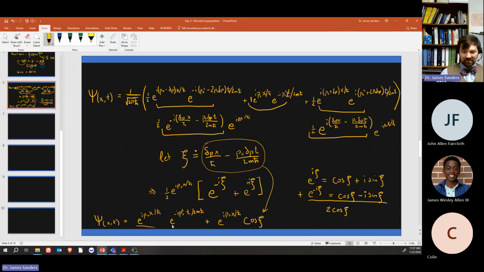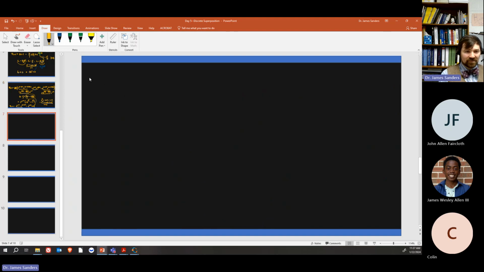Basically divide this out from both sides, and you get your final expression, which is like this: e to the i (p naught x over h bar minus p naught over 2m h bar t) divided by, remember that we had that amplitude out front, the root 2 pi h bar.